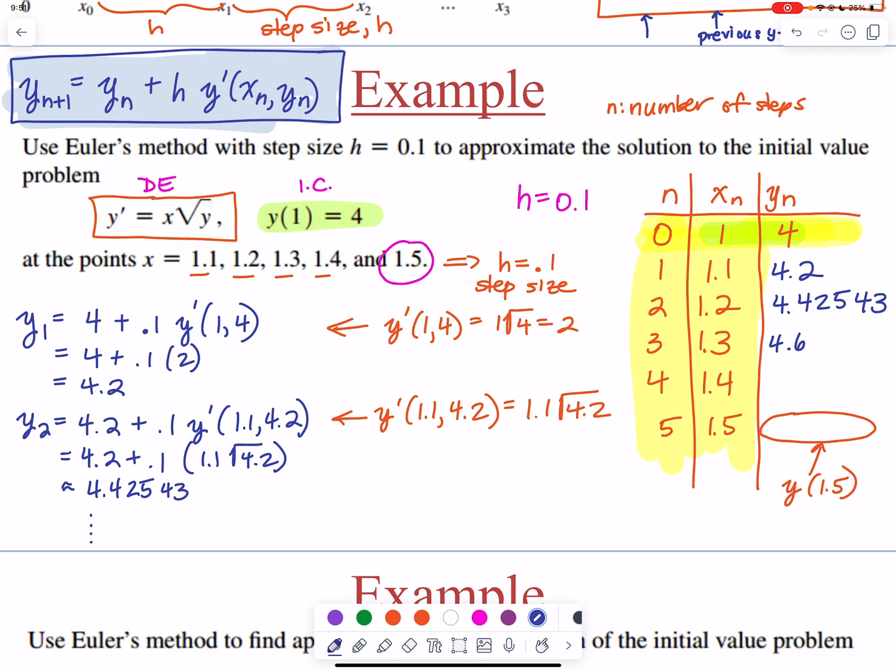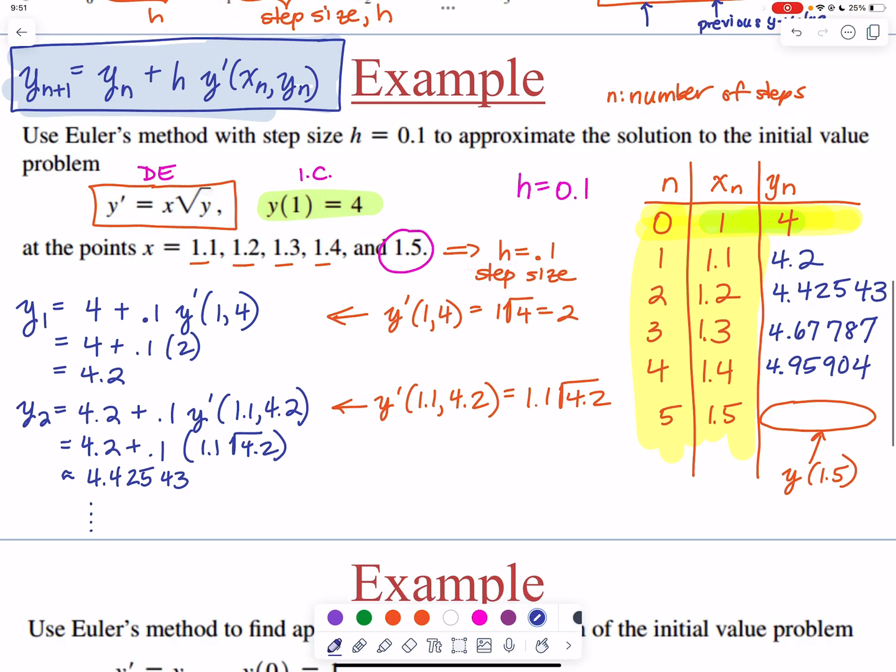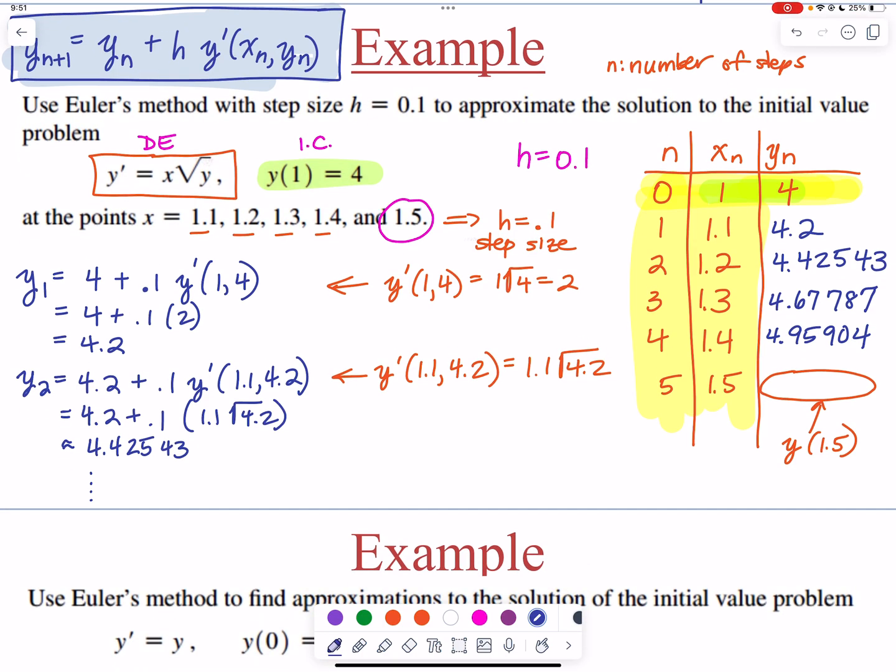So this is 4.67787, and then we have 4.95904, and this y of 1.5 is 5.27081.